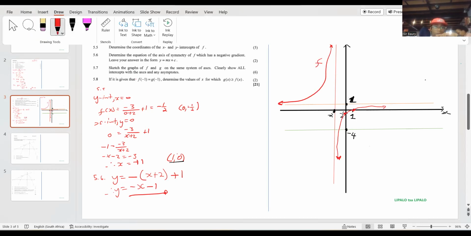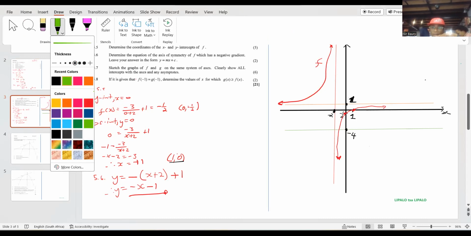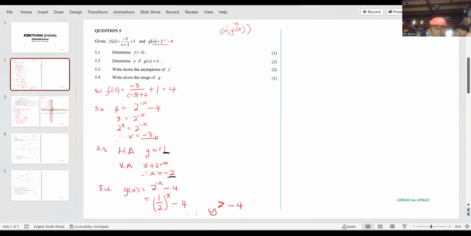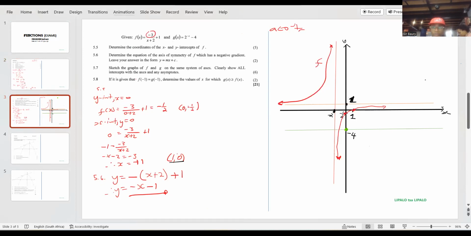On G, we already know the asymptote. We need to find the y-intercept. Let me see if I did calculate. Okay, I did not calculate any y-intercept or x-intercept for the exponential.